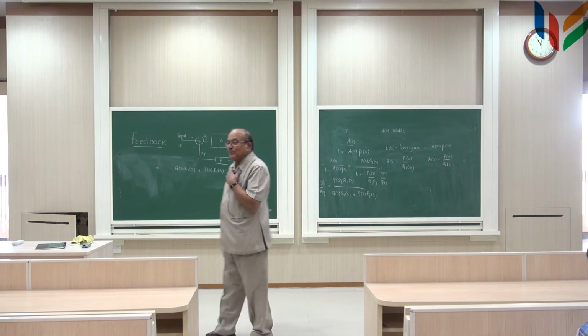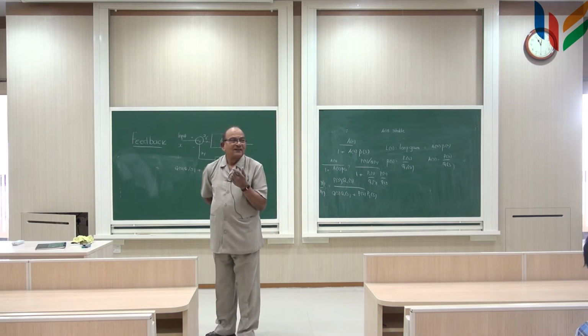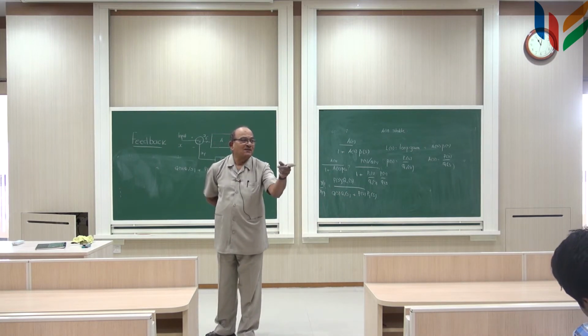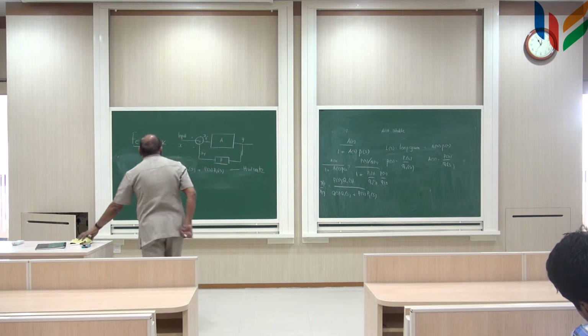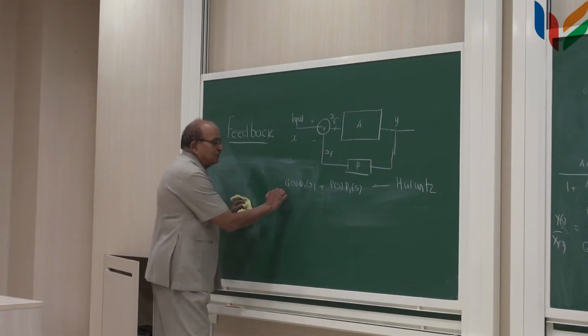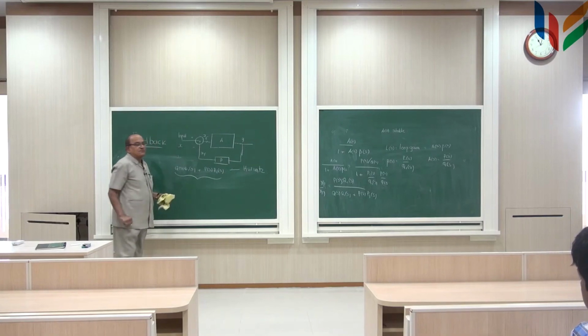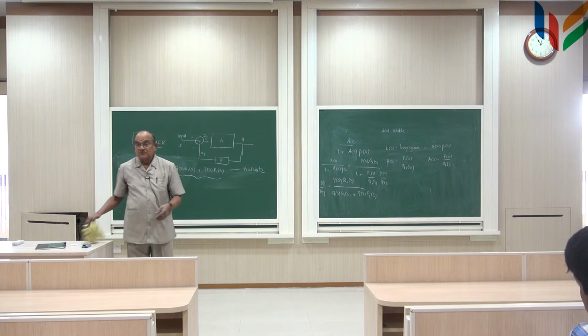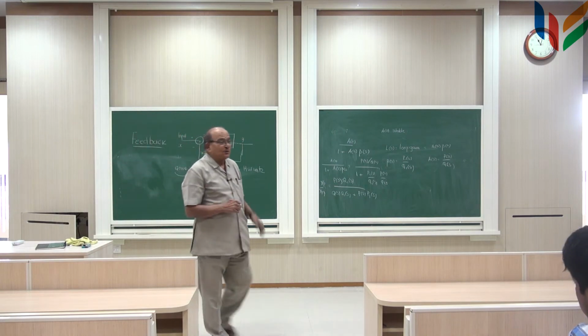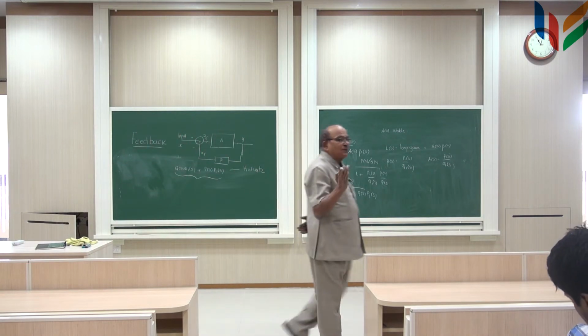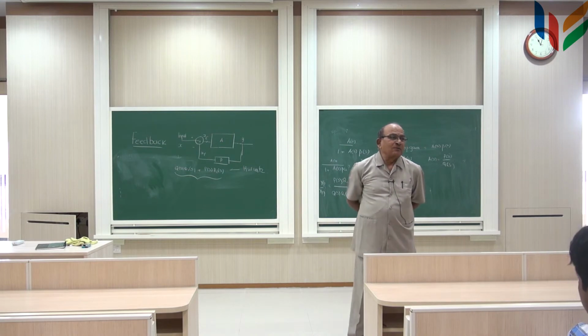Either I didn't give you or you forgot. Okay, so this has to be a Hurwitz polynomial. If it is a Hurwitz polynomial, it is guaranteed that the zeros of this are in the left half plane.